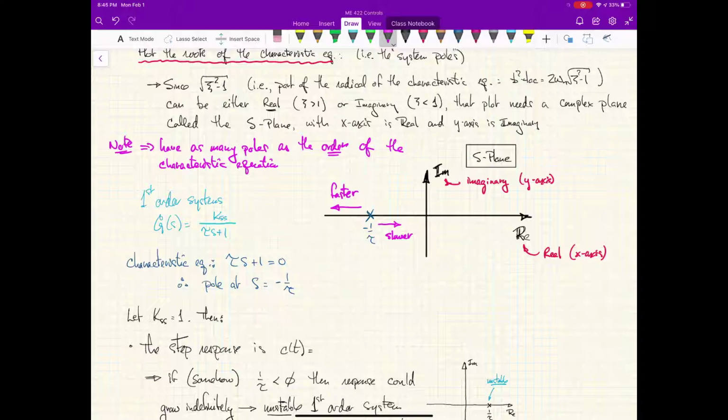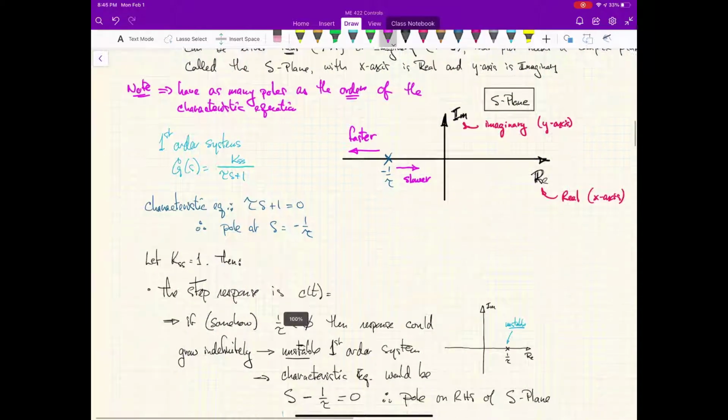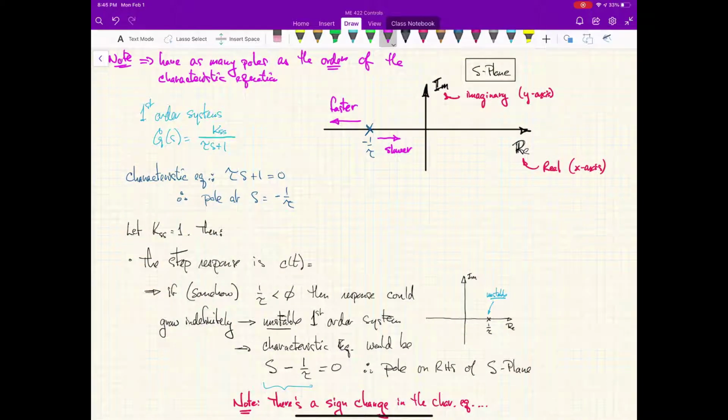Okay, so this is telling us a lot of things already about how the system behaves. If the pole of a first order system is very close to the y-axis, what it's telling us is it doesn't really want to go to a steady state. It's already a bit of a hint. Whereas if it's very far from the imaginary axis on the left, then it reaches that steady state very, very rapidly.